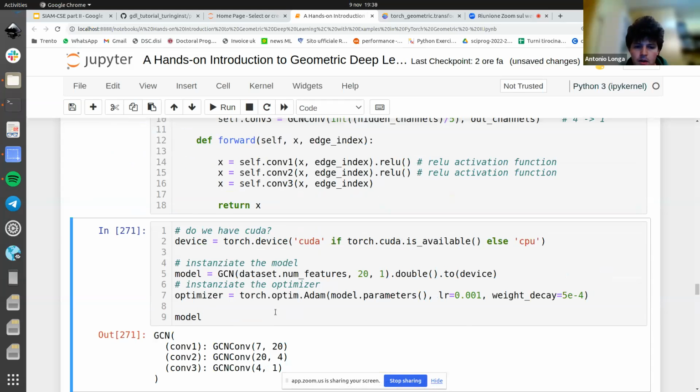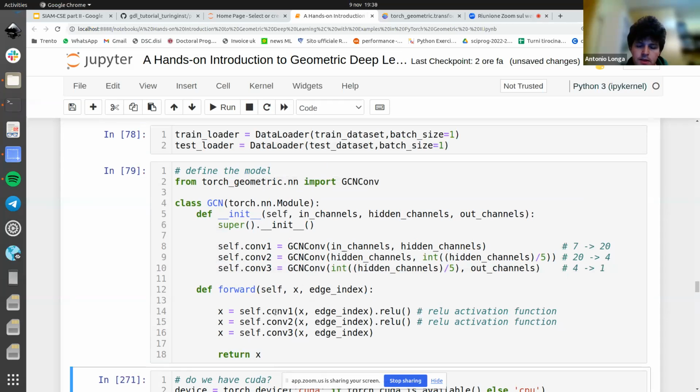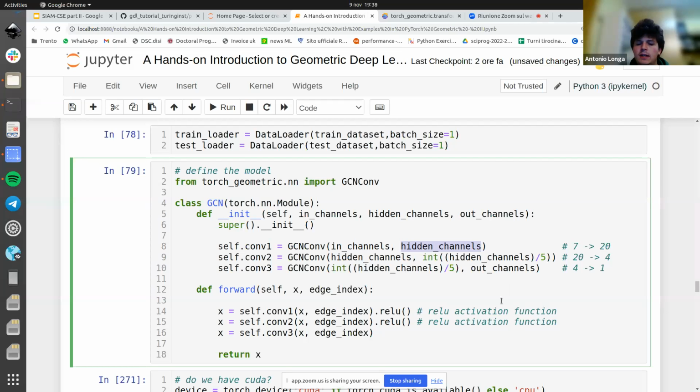The model I'm using is quite simple. The input has 7 features, and I'm using a first hidden layer of 20, so that the first convolution moves from 7 to 20, then from 20 to 4, and then from 4 to 1. Why to 1?